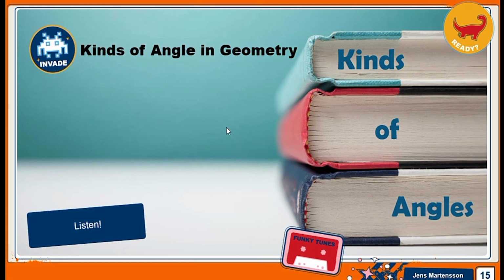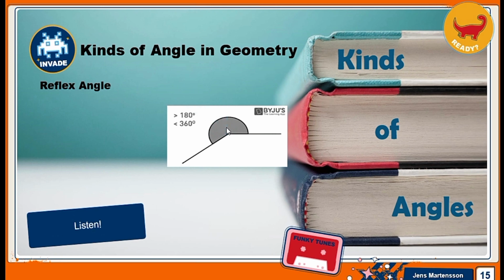The next one is the reflex angle. This illustration is not mine. No copyright intended. This is the illustration of a reflex angle. As you can see, it is greater than 180 degrees but less than 360 degrees.